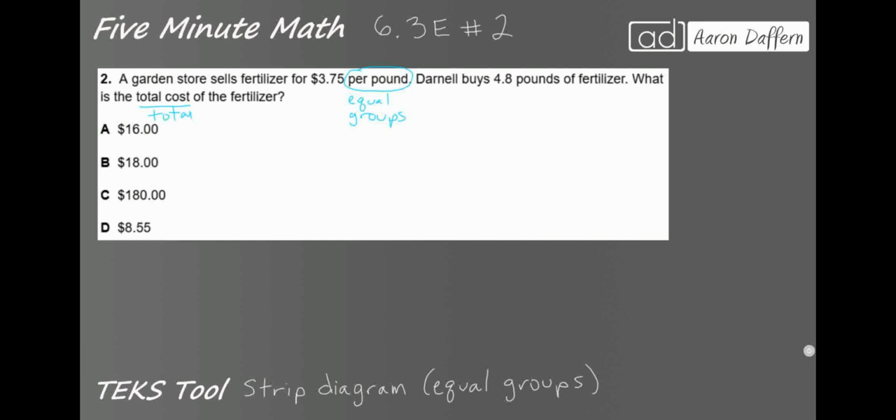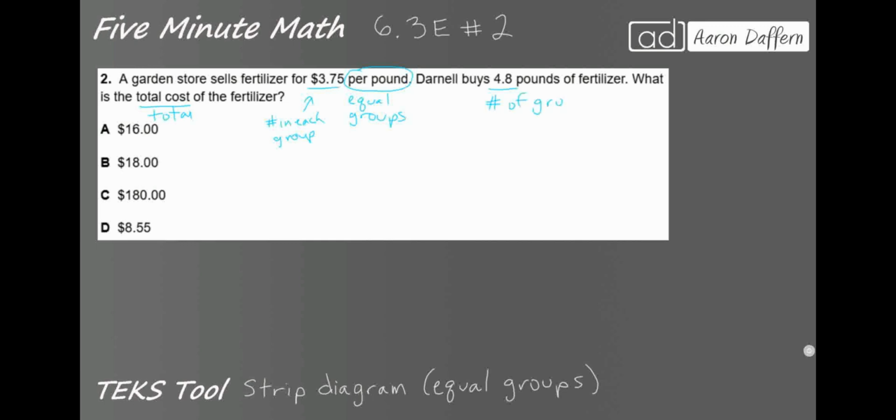So that's going to be each group, or each pound is going to be 375. So I'm going to say that's the number in each group. And then this is the number of groups. How many pounds, how many groups do we have? So that's the number of groups.